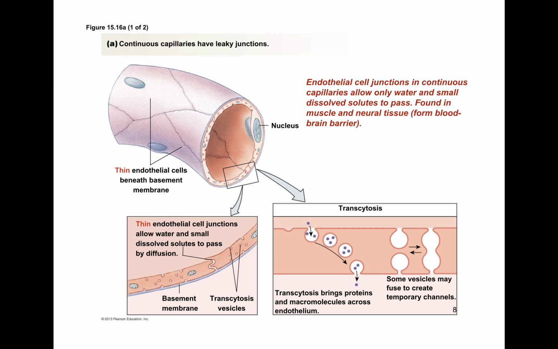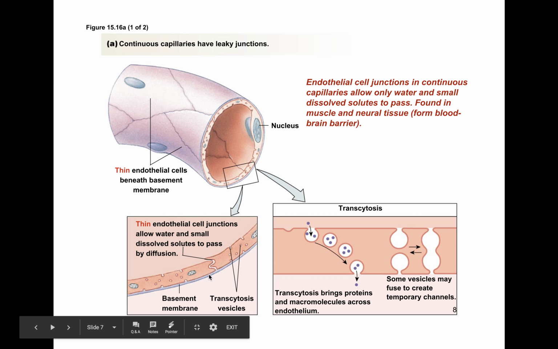So there are a lot of different kinds of capillaries, but the general idea is that they have a very thin wall, unlike your arteries or your veins, that allows for easier exchange of materials, for example, like gas.